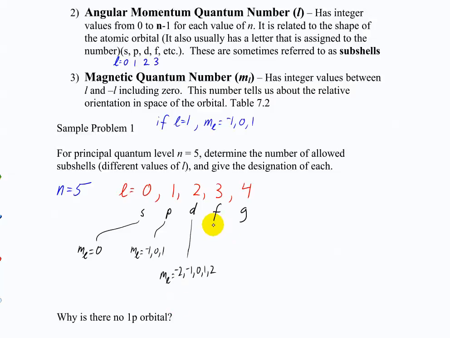How do you know this stuff? Because of these definitions. ML has integer values between L and negative L. So if you go between L and negative L, you get 5 different spots. And that tells you how many orbitals are there. Okay. And then for F, you now have 7, because you can go from -3 all the way to 3.